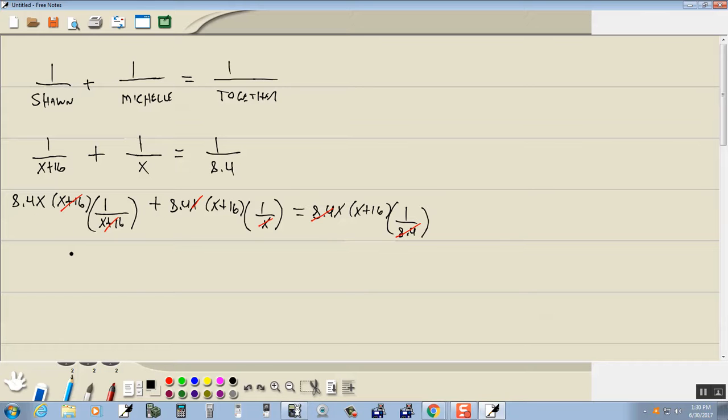So we're left with 8.4x plus 8.4 times (x plus 16) equals x times (x plus 16).